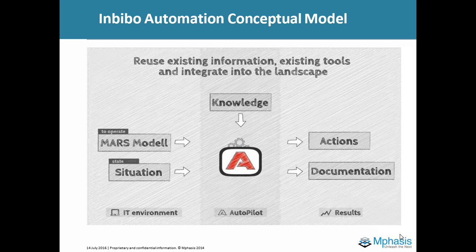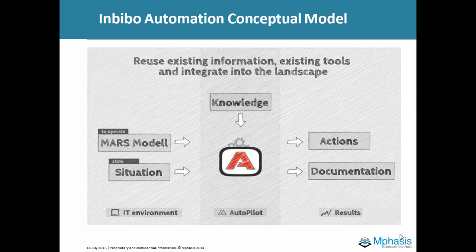Alright, so just a quick overview of automation, because this is a conceptual model of automation. What you see on the diagram on the left hand side is the Mars model, which is basically the IT environment.